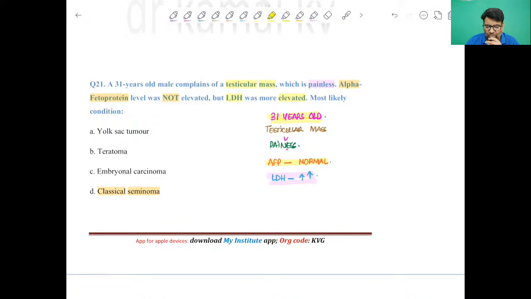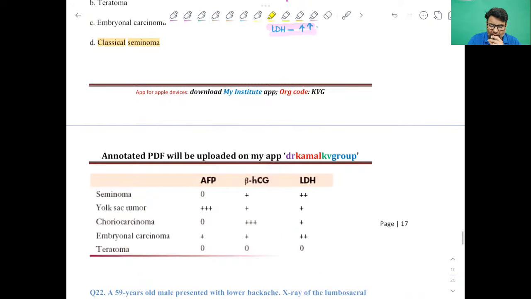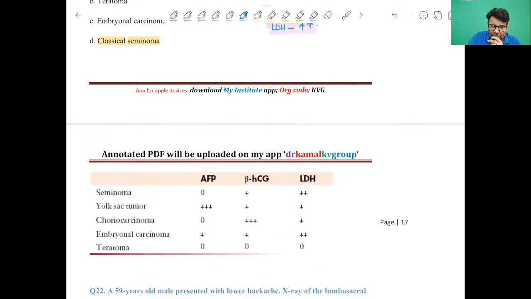In seminoma, the alpha fetoprotein is normal, whereas lactate dehydrogenase is high, and beta HCG is also high. Yes, Shruti is absolutely right. This is classical seminoma. LDH is high, HCG is high, but not alpha fetoprotein. Alpha fetoprotein is normal in seminoma. So please remember this equation.